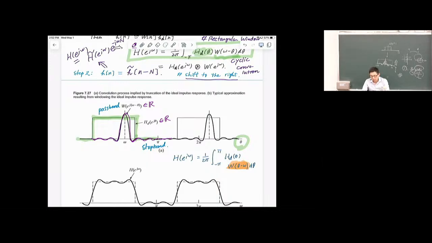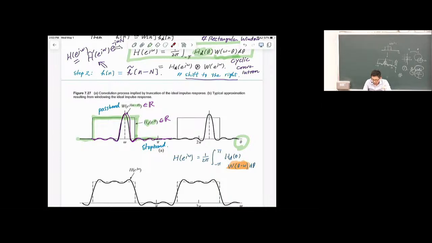So now let's work out together how we calculate the convolution. Convolution means that we flip and shift one of them. In this case, we imagine the desired response is fixed, while we flip the Fourier transform of our window, the purple part.